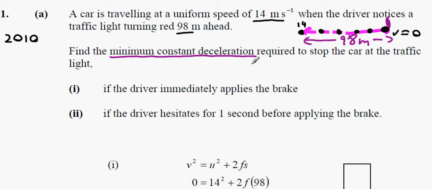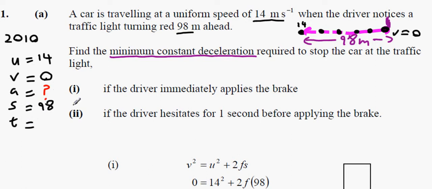So we can write down our u v a s t, our set of information. u, the initial speed, is 14, the final velocity v is 0, the acceleration is what we're looking for, the distance is 98, and the time we don't know. The whole point of the question is to find the acceleration. Pick a formula that has all the letters we need.